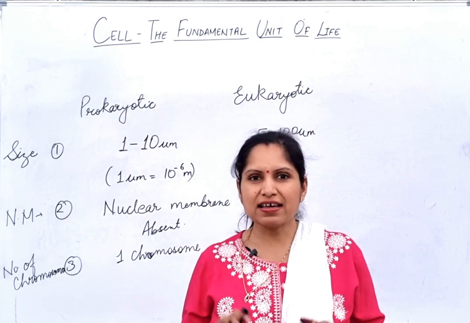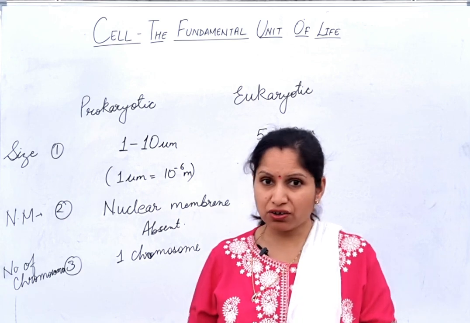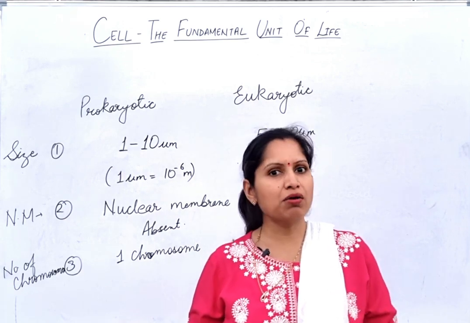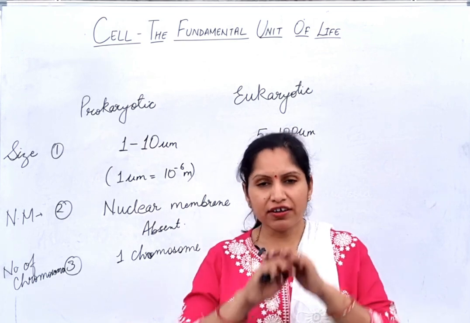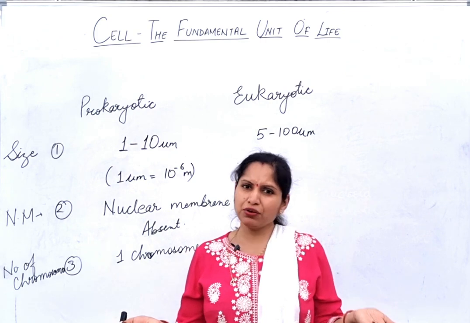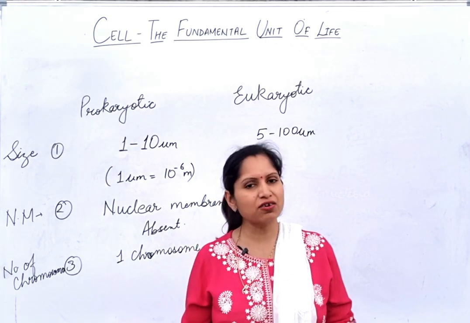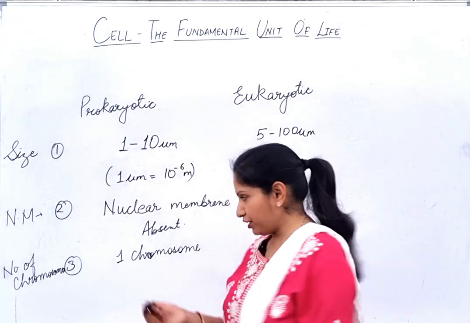All these have a membrane around them. But in case of prokaryotic organisms, membrane bound cell organelles are not there. The organelles do not have any membrane around them. The nucleus also does not have any nuclear membrane.